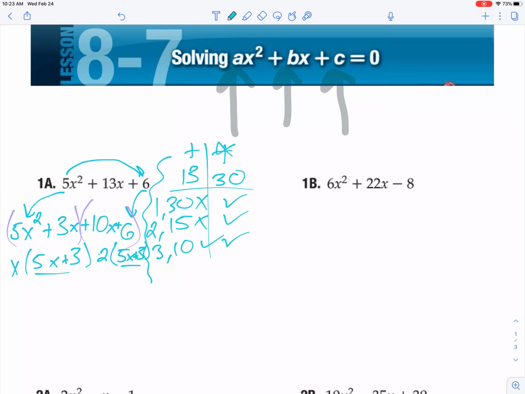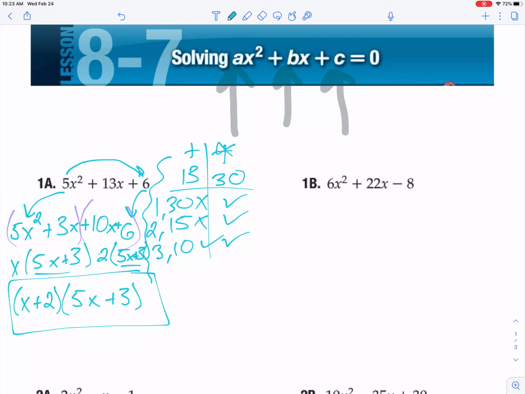And remember, with our factor by grouping, it's just really fancy combining of like terms. x plus 2, 5x plus 3. That's your answer. Okay, so it's like taking the 8-6 where you made the chart and the factor by grouping, combining it into one giant factor problem.